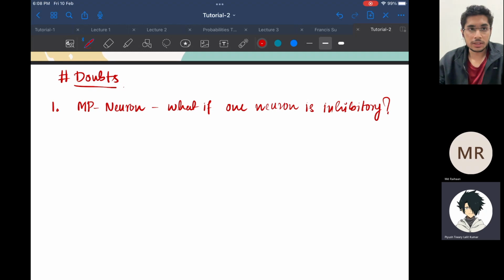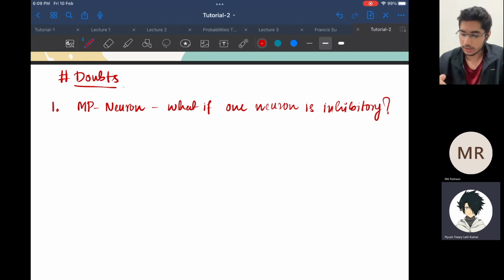As I had discussed in the previous tutorial, in the MP neuron, even if one of the neurons is inhibitory, it will act as a switch and turn off the output of the neuron.